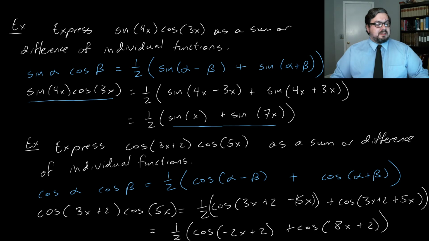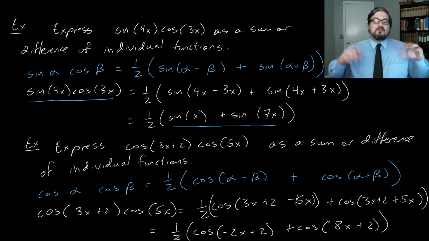Now, the next thing that we want to do is to basically go the other way. We want to find a way of taking a sum of trigonometric functions involving different angles and express it as a product. The reason why we want to do this typically is because it's a lot easier to solve an equation when you have a product of things that is 0.